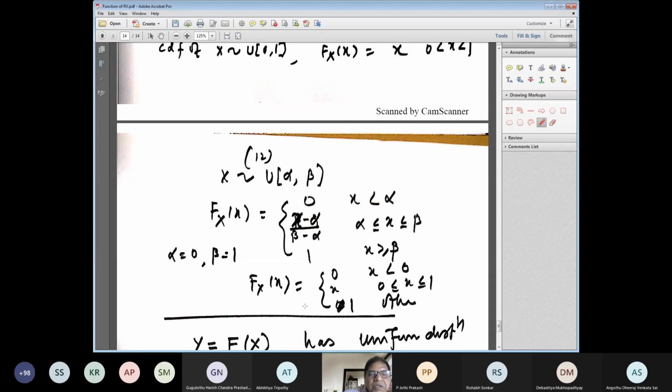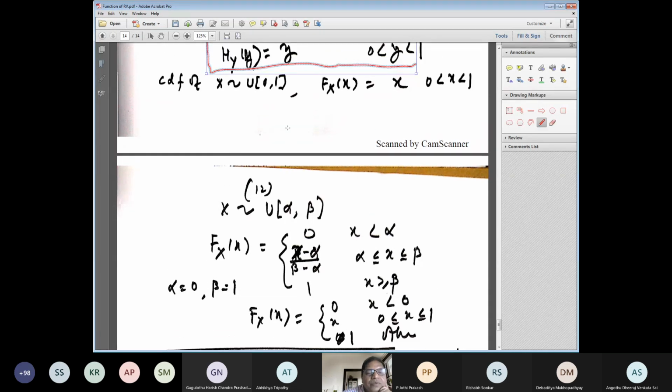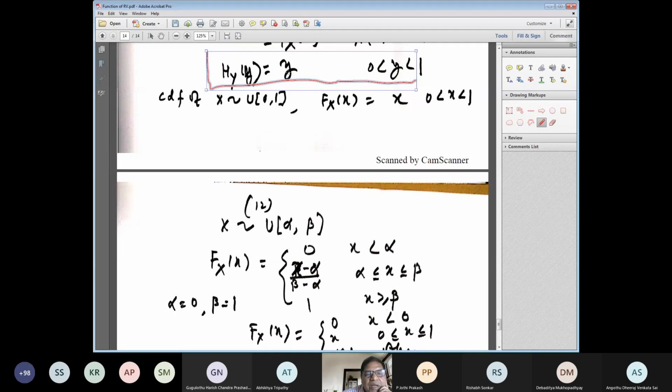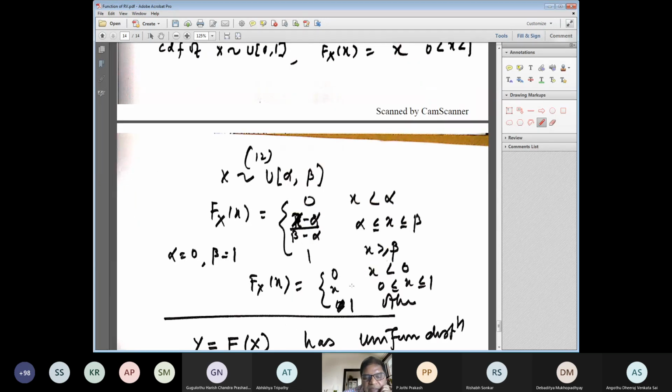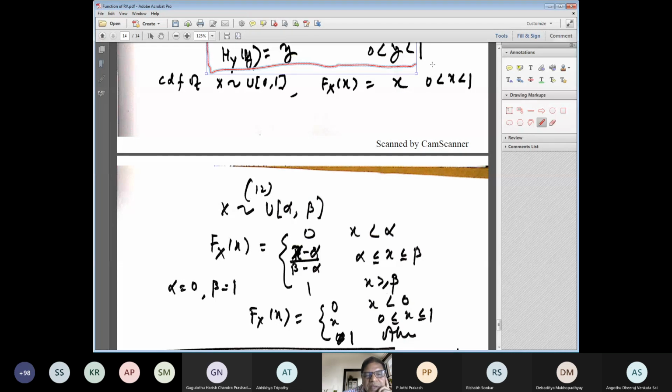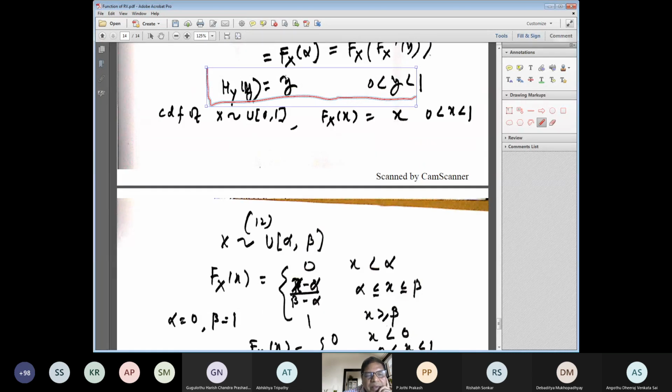So this is identical to this, because at all other places between 0 to 1, here it is y. So the special case when alpha is 0, beta is 1, is known as the uniform distribution with 0, 1, and its CDF is F_X equal to x.